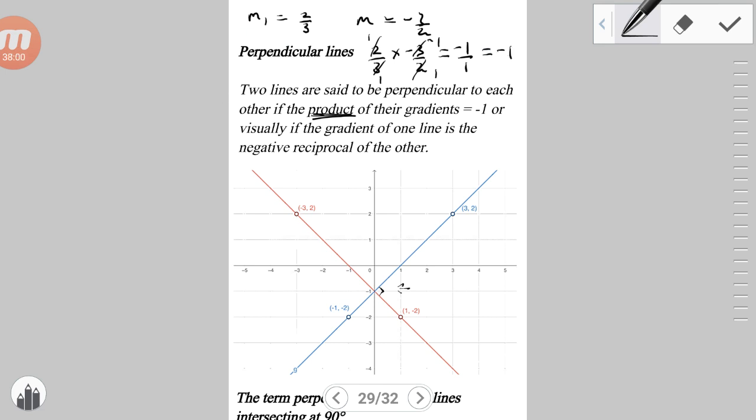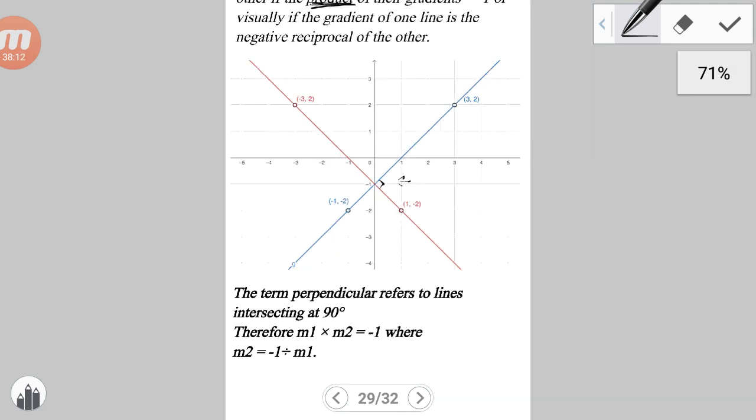So that simply means that whatever lines these are, wherever they are on the Cartesian grid, because the gradients are like a negative inverse or negative reciprocal of each other, then we say that they are perpendicular.